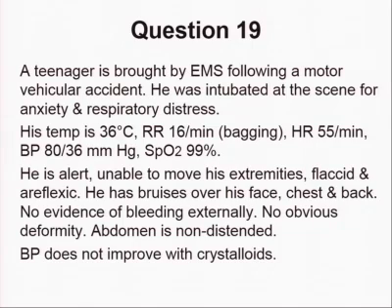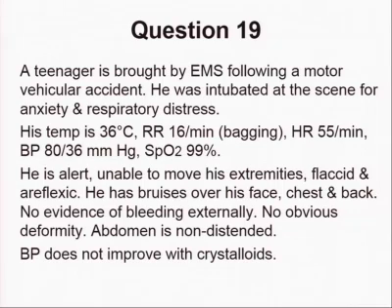A teenager is brought by EMS following a motor vehicle accident. He was intubated at the scene for anxiety and respiratory distress. His temperature is 36, respiratory rate is 16, and he is being bagged. Heart rate is 55, blood pressure is 80/36, oxygen saturations are 99%. He is alert but unable to move his extremities, which are flaccid and areflexic.